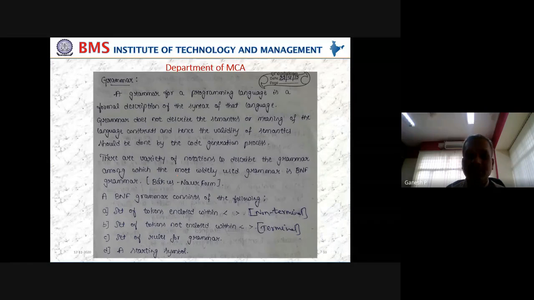Tomorrow's class will be very important, because those diagrams, if you have already studied, fine. Otherwise, it is very difficult for you to understand. So better make sure you are present with some pen and paper, so that as we discuss, you will be able to practice and understand those. I may give some 2-3 exercises as well tomorrow, so that we can understand better. So we'll meet you in the next class with the grammar section.